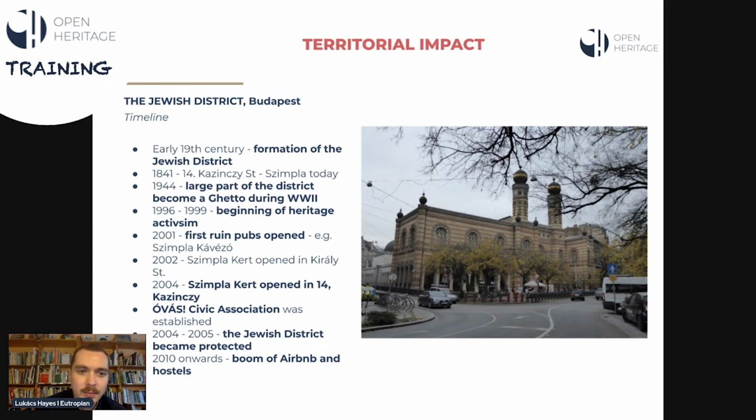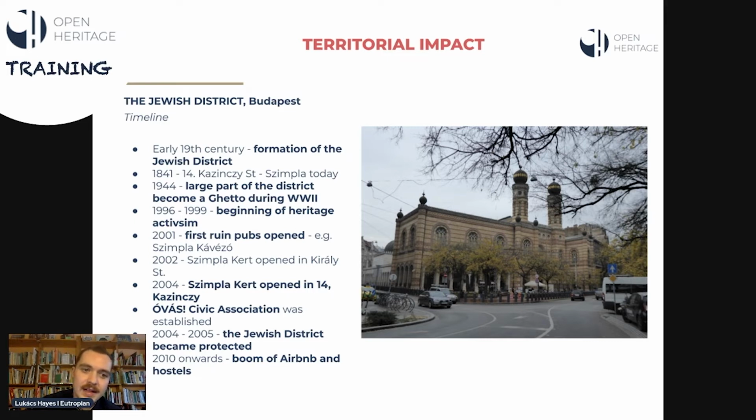By the 1990s, this area of Budapest was run down, even though it's a central district. It was not in good shape, and some heritage activist work started in the late 90s.